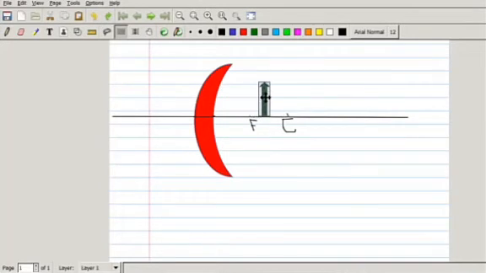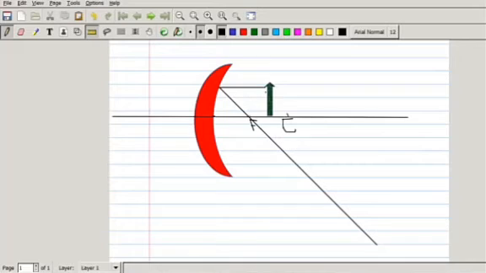Now let us place the object between F and C. There will be two rays we consider. One ray coming parallel to the principal axis after reflection from the mirror passes through the principal focus, and another ray passing through the principal focus after reflection passes parallel to the principal axis.